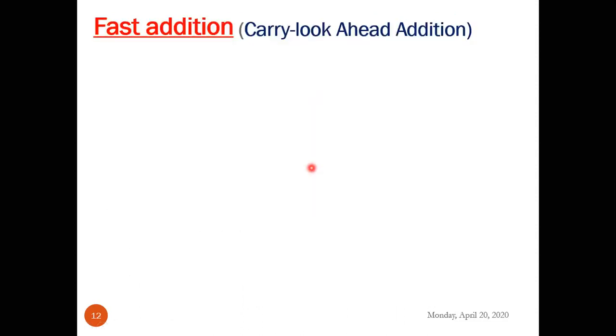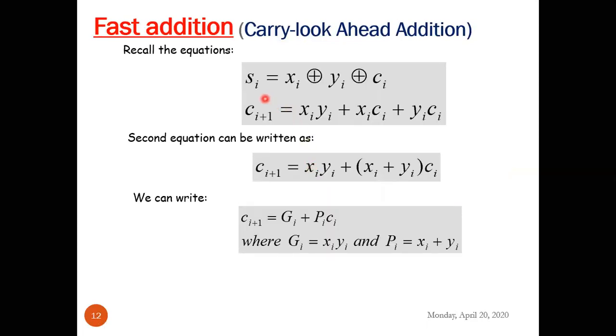So we shall just recall the equations. Si equal to xi XOR yi XOR ci, and ci plus 1 was xi into yi plus xi into ci plus yi into ci. This we just got from the full adder circuit. Now there is no problem with si, so let us not touch this equation.